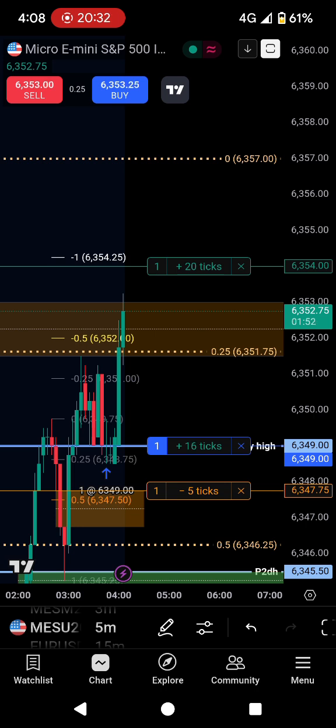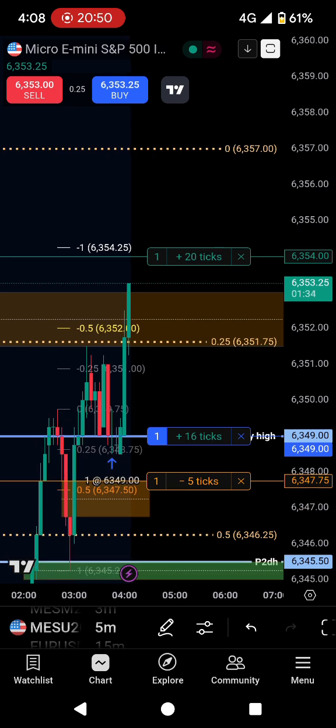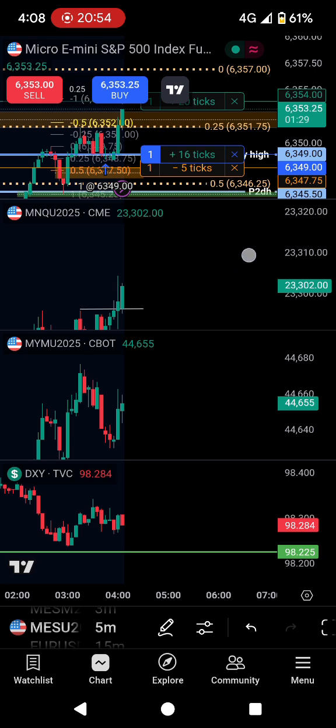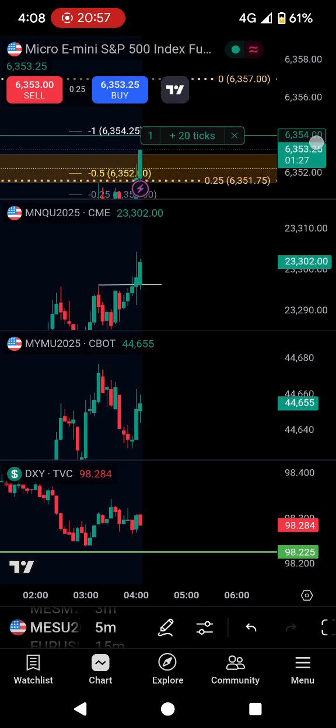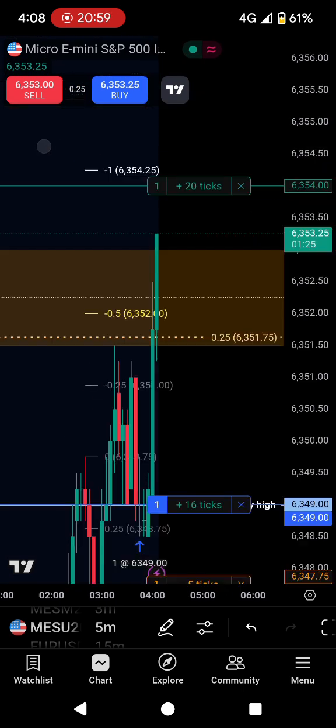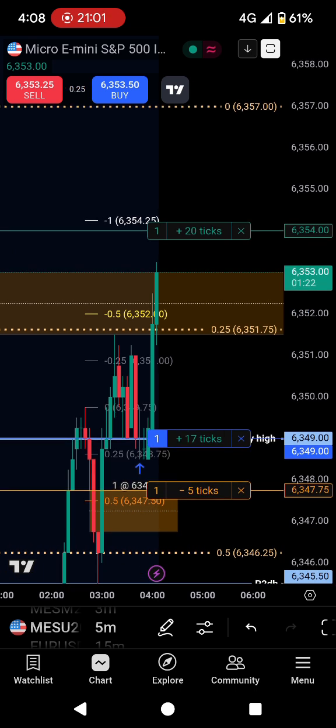Two more minutes. Okay, we are still in the 410 macro. So my TP target is one tick below the negative one level, okay? Okay, very nice.